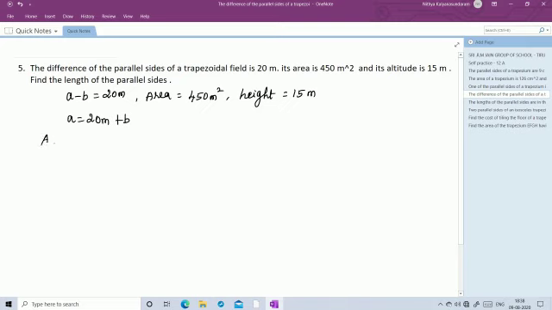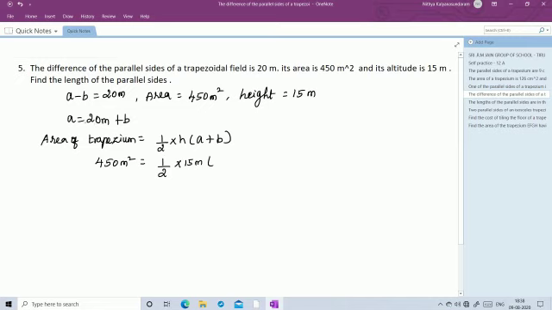So we know the formula, area of trapezium is equal to half into h into (a plus b). So area is 450 meter square, half into height, which is 15 meter.